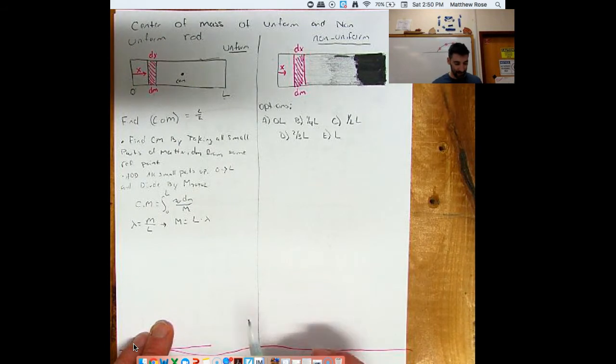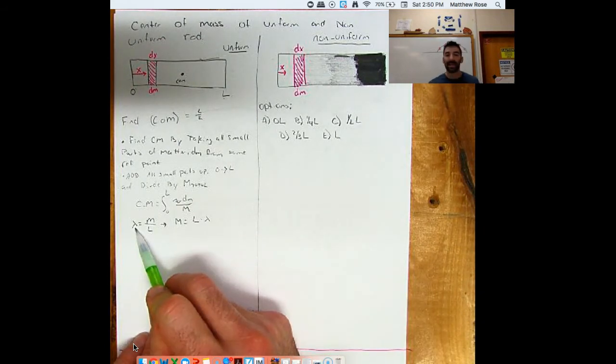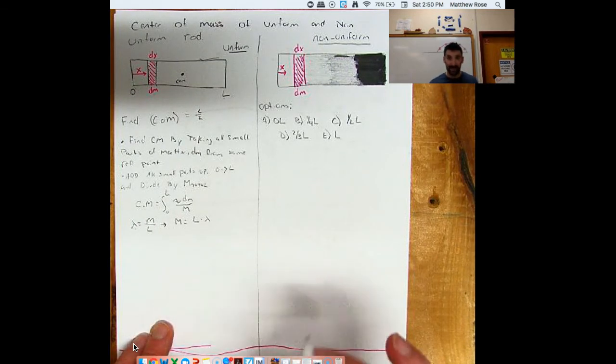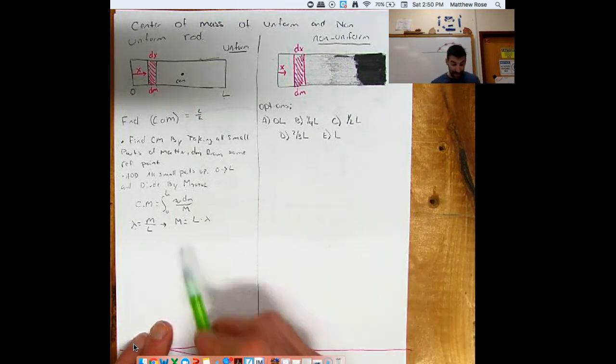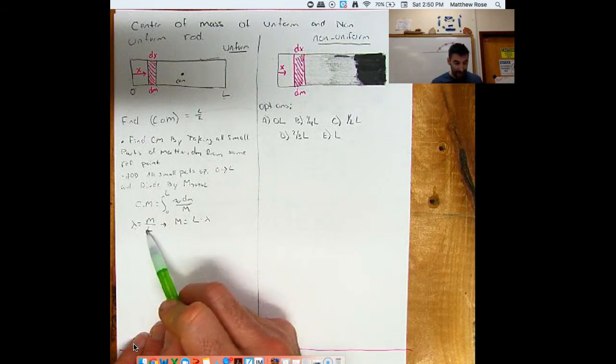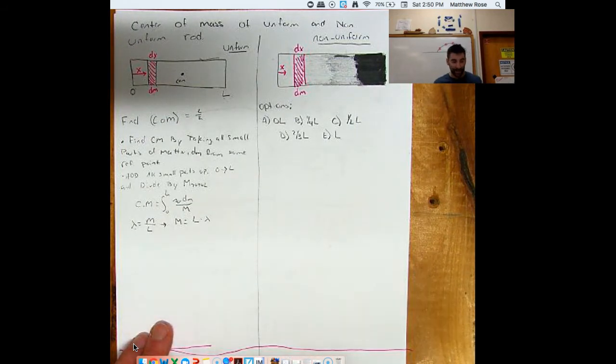Remember, this lambda is my linear mass density. Basically, linear mass density, unlike volumetric mass density, is how much mass the object has per unit length. So it's really just the same thing we know as density.